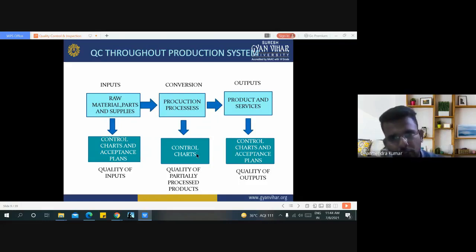Here, production control. In the production process, we examine and test the various processes and the various process parameters, like which type of cutting tool we are using, single point cutting tool or multi point cutting tool, which type of machine performance is given during the manufacturing process.